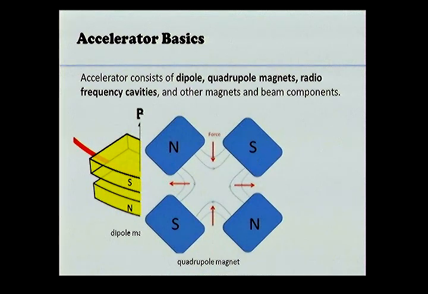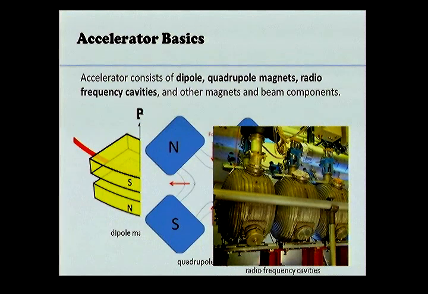Here is a schematic diagram of quadrupole magnets. Each quadrupole magnet consists of 4 magnetic poles, 2 north poles and 2 south poles. We use quadrupoles to focus the particles transversely to achieve a small transverse bunch size.